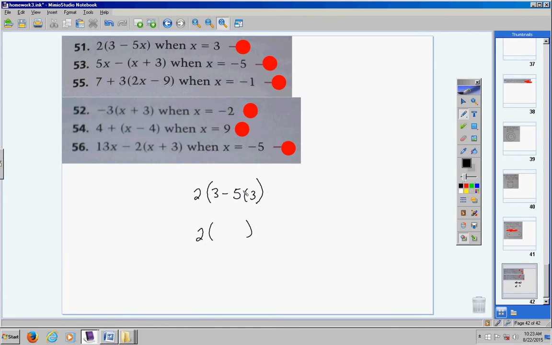I'm going to work all of this out. So I have a negative 5. You obviously would not subtract 3 minus 5 first. So first you would take negative 5 times 3, which would give you negative 15.